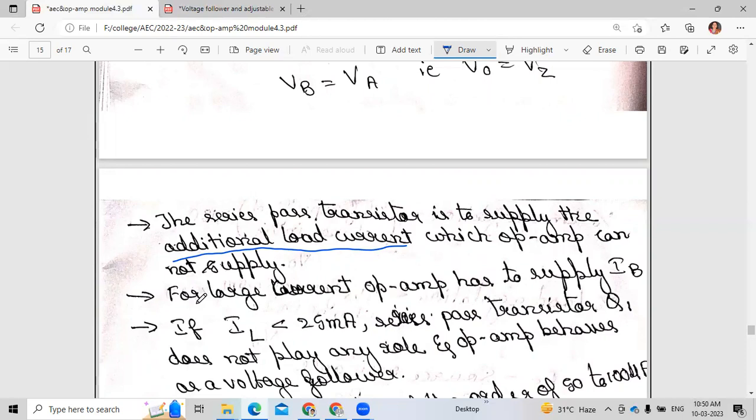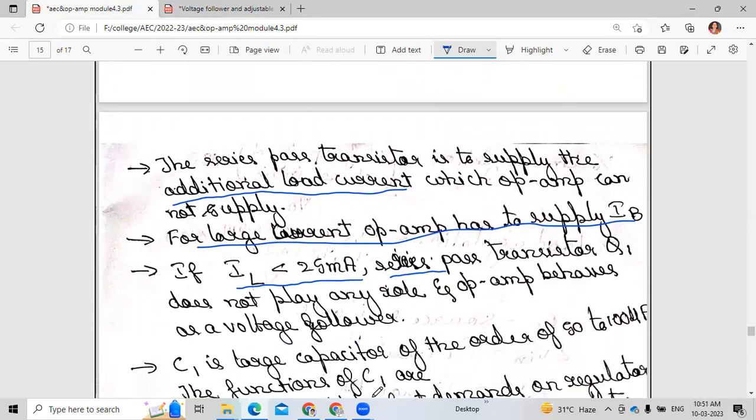So for large current, the op-amp has to supply the IB. If IL, that is the load current, is less than 25 milliamps, then the series pass transistor Q1 does not play any role and the op-amp behaves as a voltage follower.